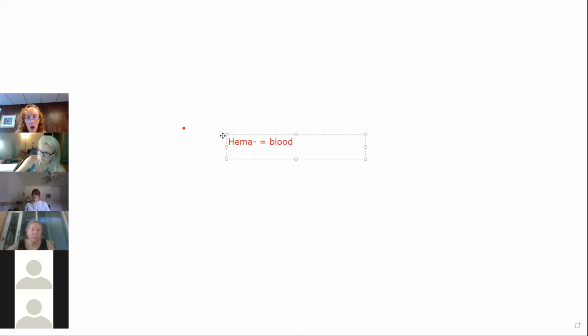Hematopoietic, let's say poetic, means a progenitor cell. Something that's going to become something else. It's actively dividing and it's going to become something else. Progenitor or precursor.